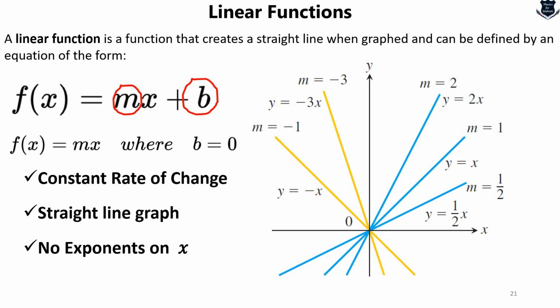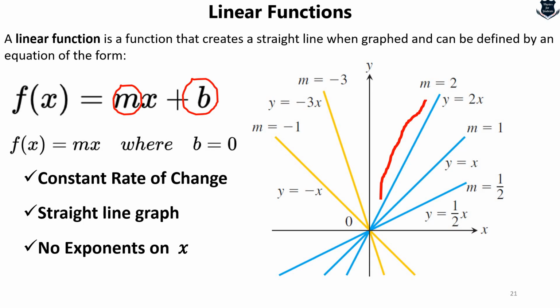Remember, it is an exponent of 1, with no higher powers or other functions, for example square roots or logarithms, which we will see in due course. This is what I was calling the constant rate of change.